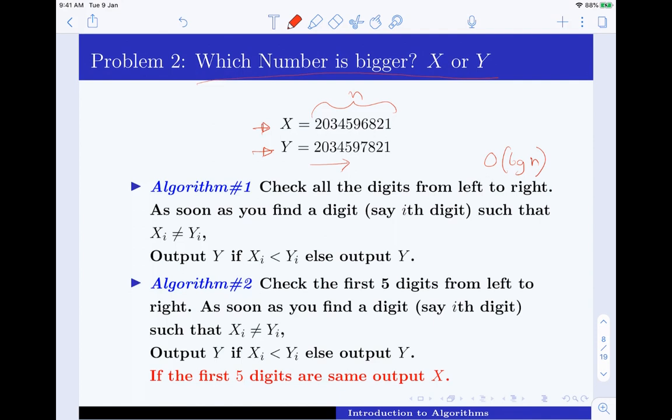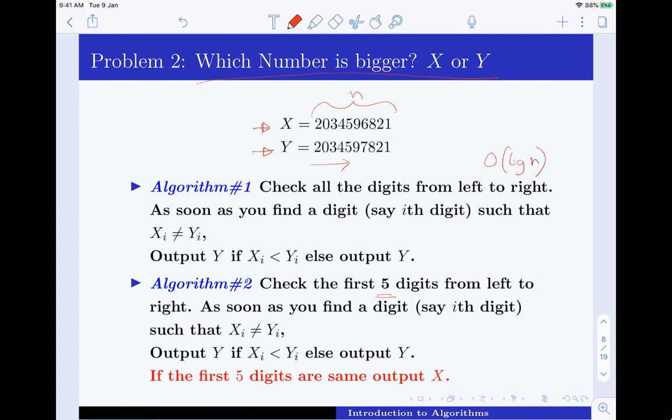But here somebody else comes up with a different algorithm. He says that I will just be looking at the first 5 digits. If in the first 5 digits I find a place where they are different, then I will of course output the one which is bigger, and if not, I will output y.